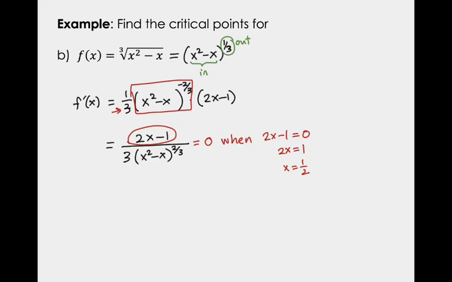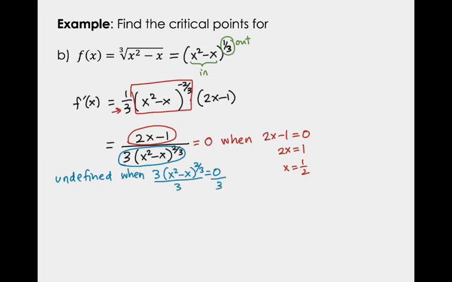All right, but this derivative is going to be undefined when this whole denominator here is equal to 0. To solve that, I'm going to first of all divide both sides by 3.